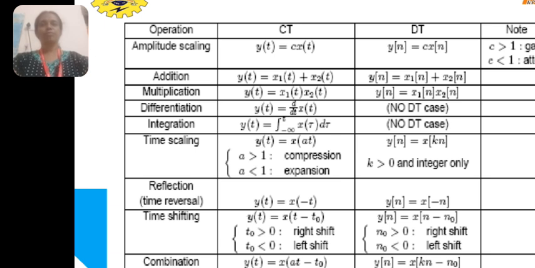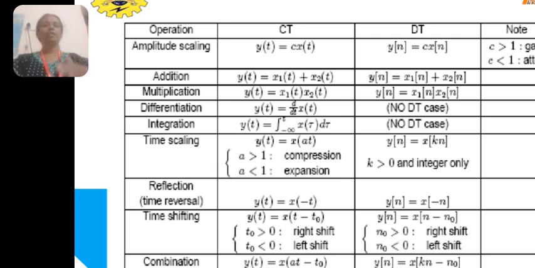Next is time shifting. As the name implies, shifting in the time axis. It can be either x of t plus t naught or x of t minus t naught. This t naught represents the amount of time the original signal has to be shifted, either to the right or to the left.